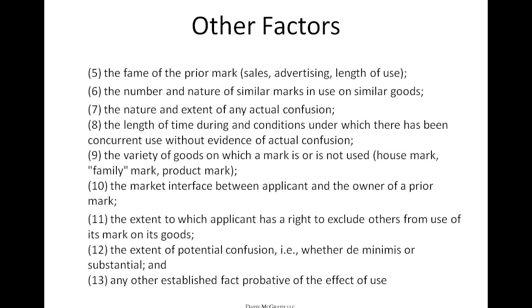Then there's any other established fact probative of the effect of use. That factor isn't used very often, but it's there in the test, and it certainly could come up from time to time. That's where a court or the board could shoehorn in some other factor that's important based on the particular facts of the case.